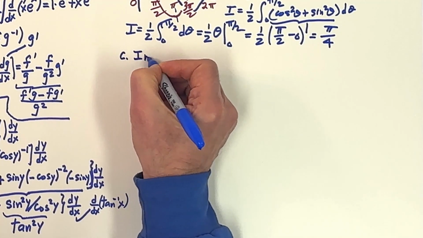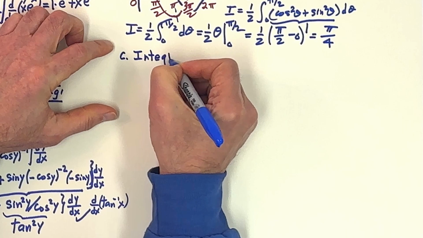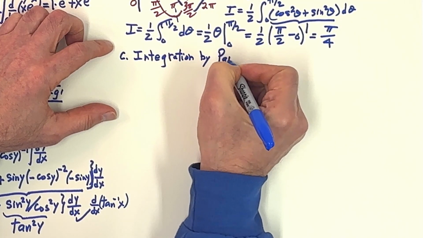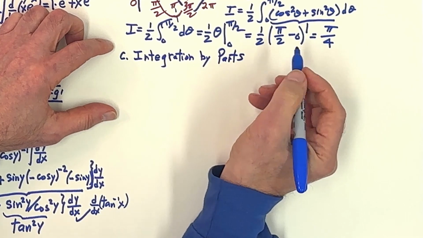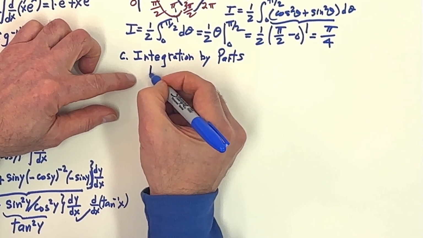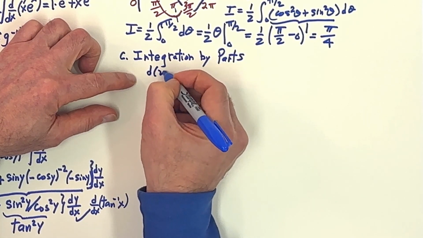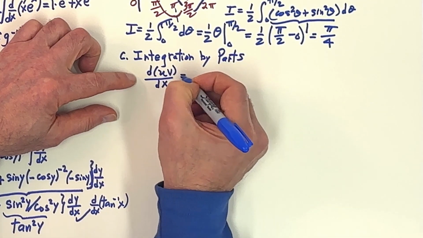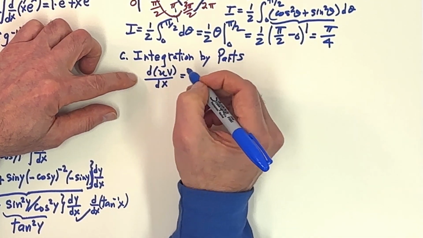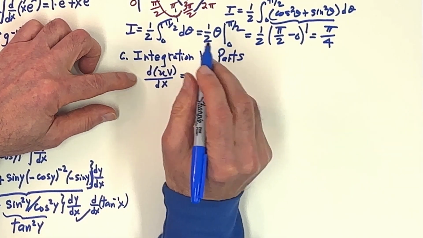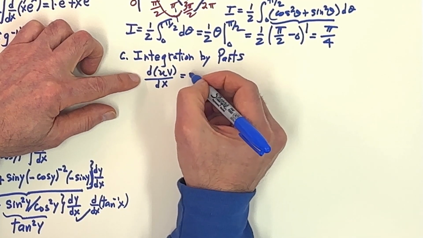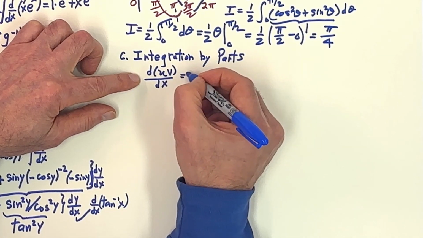Let's do another thing here. Let's do integration by parts. Now for integration by parts, I like to think of it as the product rule. If you have two functions and you take the derivative like this with respect to x, you take the derivative of the first times the second plus vice versa. So the derivative of the first is du dx. I'll put the v first.